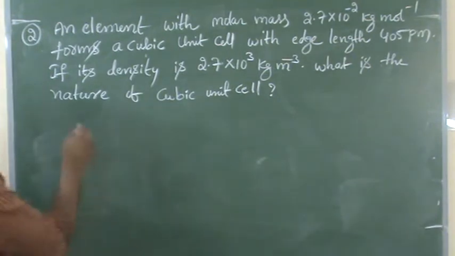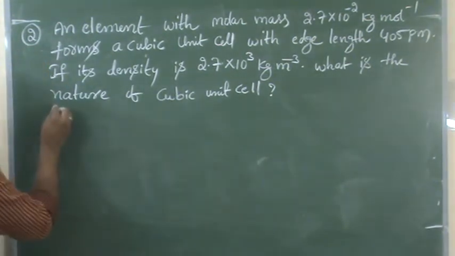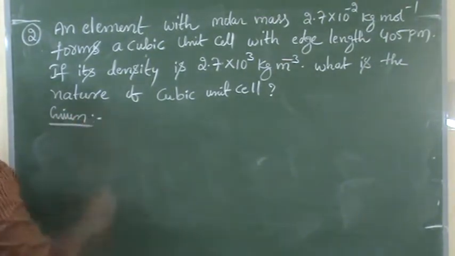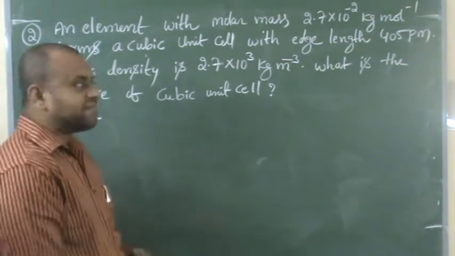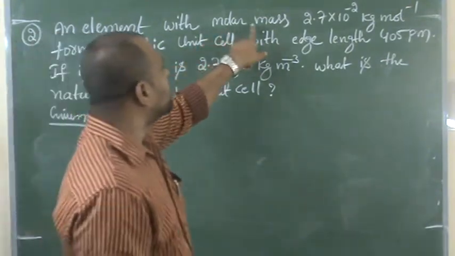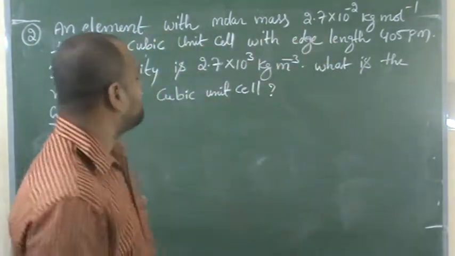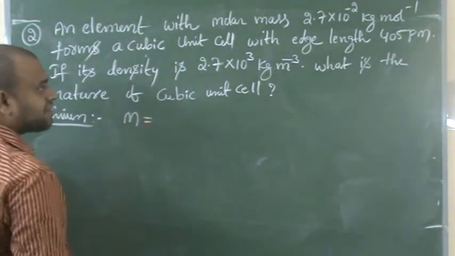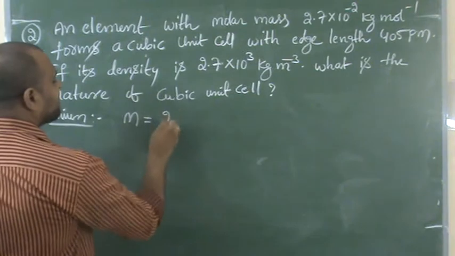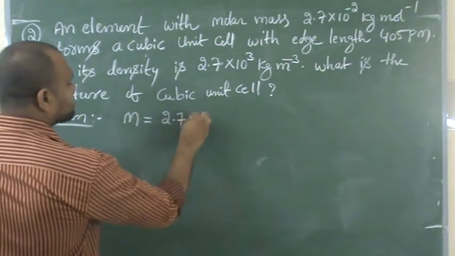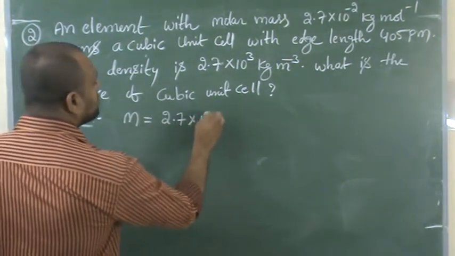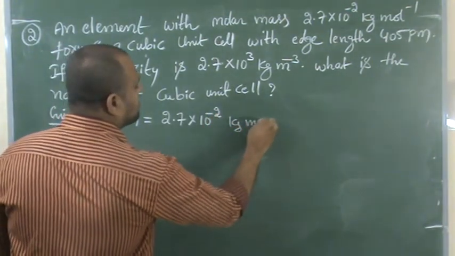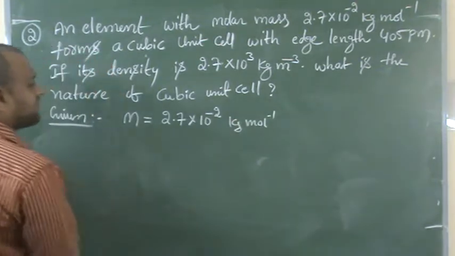First you write down whatever they have given. They have given the molar mass, capital M, 2.7 into 10 to the power minus 2 kg per mole.